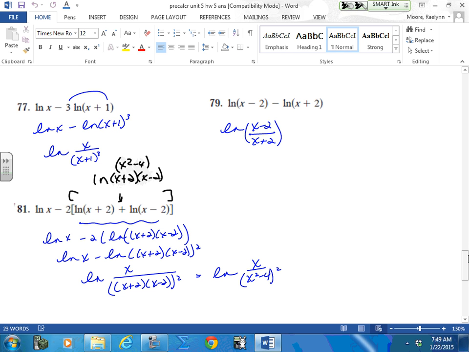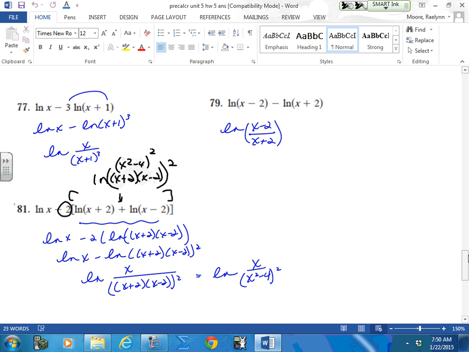Then come out here. Bring this 2 out. This 2 either here or here. Or if you wanted to, x plus 2 squared, x minus 2 squared, if you separated it to the power there, that works also. Last thing, bring out your divide. Put your x over whatever you made your denominator. Either one is fine.